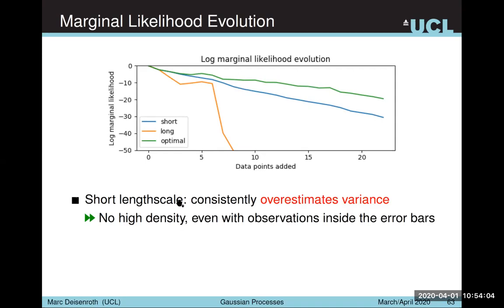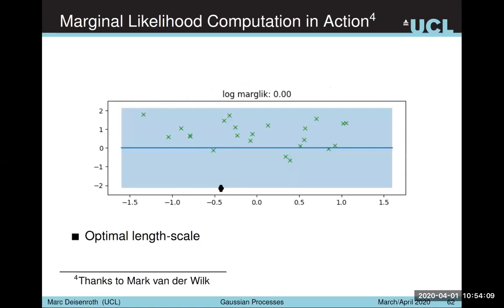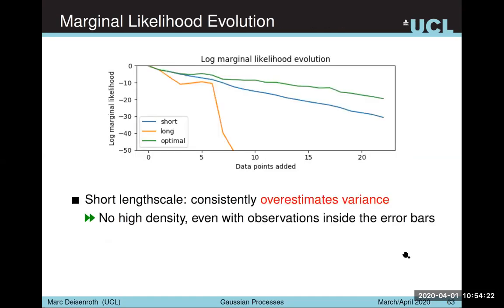The problem with the short length scale is that it consistently overestimates the variance. If we go back to this example here, it's effectively just adding a lot of noise everywhere, and it needs to do this, but there is no generalization going on. And because there's a lot of noise, there's no high density. When we talk about high density, we normally think that the predictive distribution is relatively concentrated. But here we just have a lot of uncertainty everywhere.